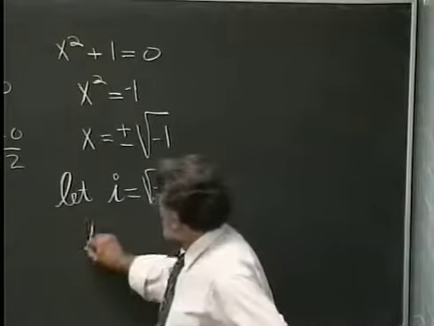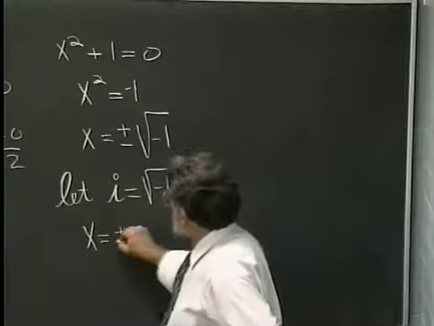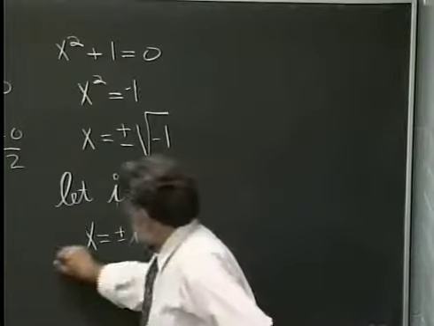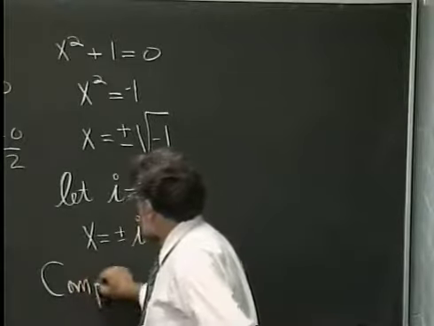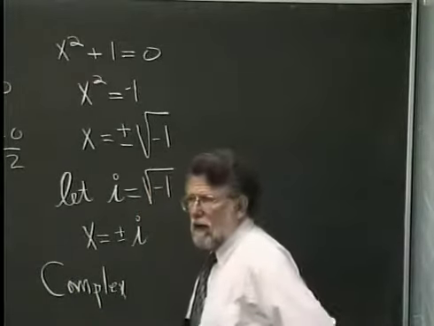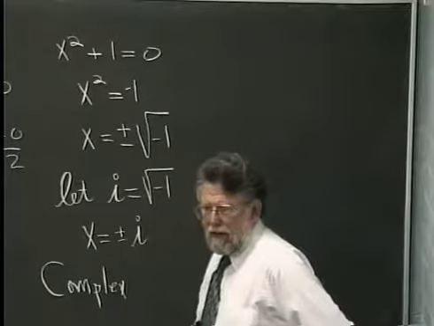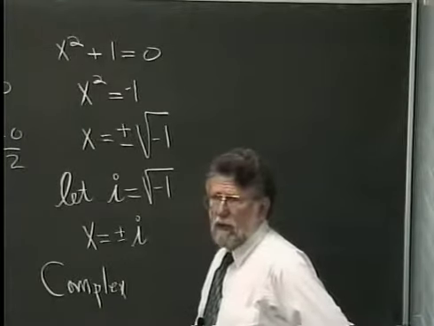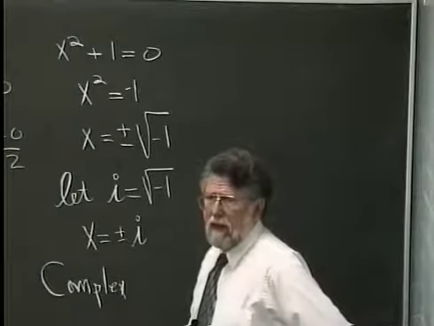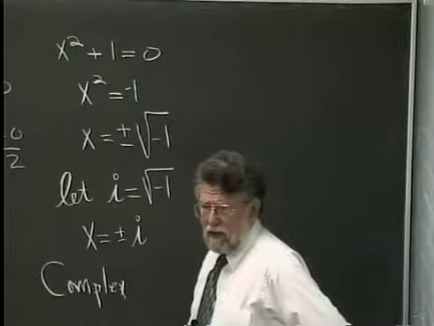But what we argue now is that we get plus or minus i for the solution. And this puts us into imaginary numbers and more technically into what we call the complex numbers. So we extend our number system. We started the semester talking about the real number system, and we are finishing the semester introducing the complex numbers.